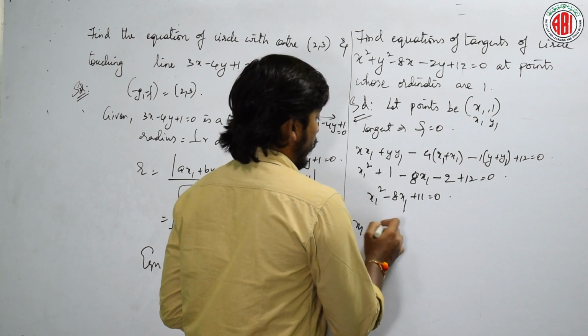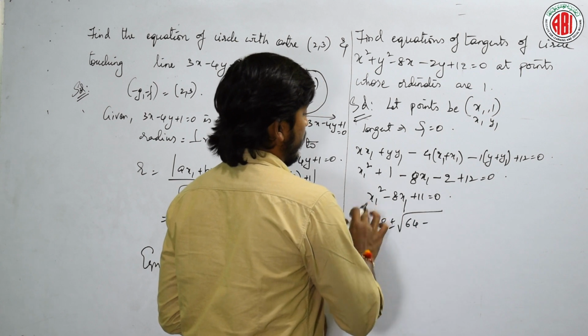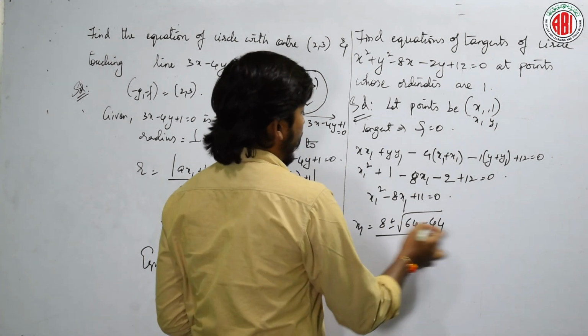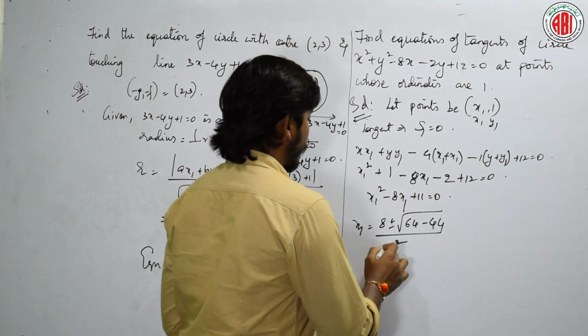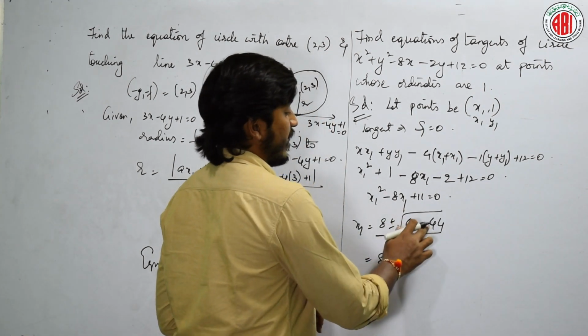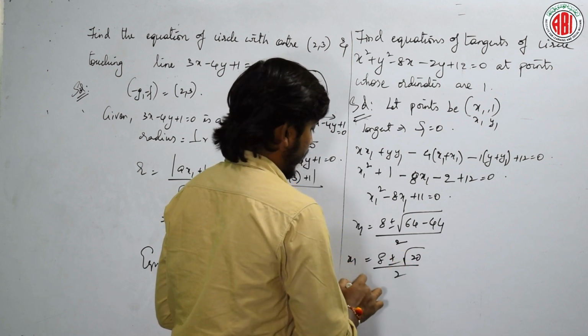x1 is equal to 8 plus or minus under root of 64 minus 44 by 2. Okay. So, it will be 8 plus or minus root of 64 minus 44, which is root 20. This is x1.